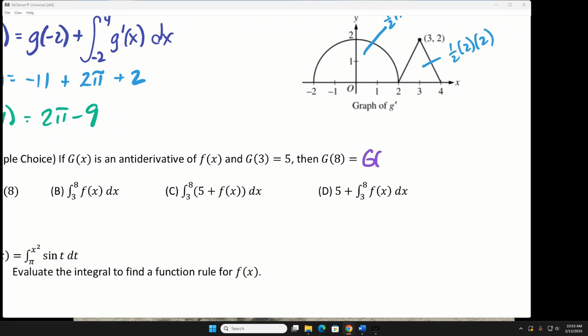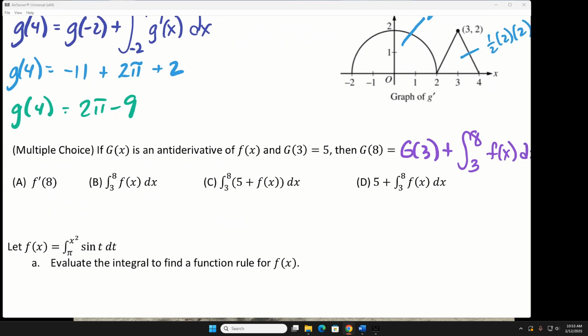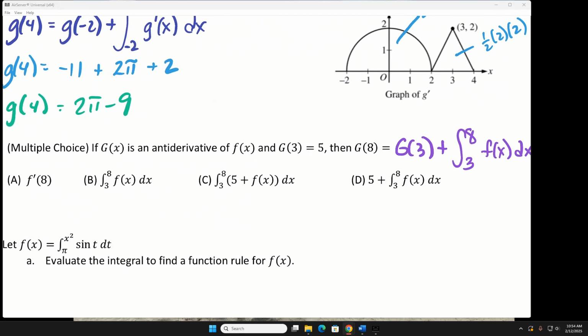G of 3 plus the integral from 3 on the bottom to 8 on the top. And then we know g is the antiderivative of f. All right, so which choice does that match up with? D, right? Good.